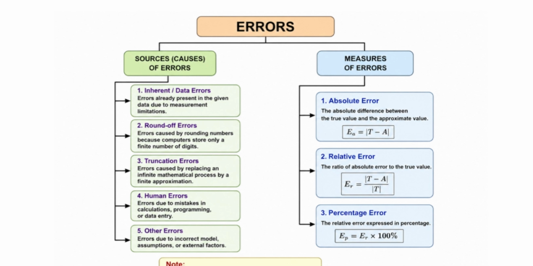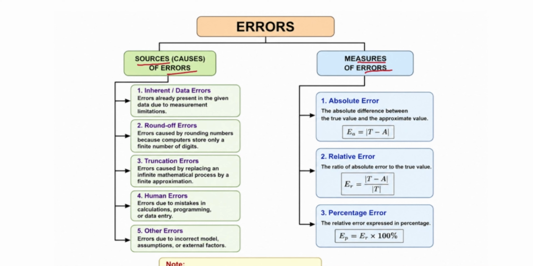In other words, what's the cause of the error? And that gives us the sources of errors. And the second one is how large is the error? Once an error has occurred, we need a way to measure it. And this gives us the measure of error. This distinction is extremely important. One tells us why the error occurred and the other tells us how much error is present.